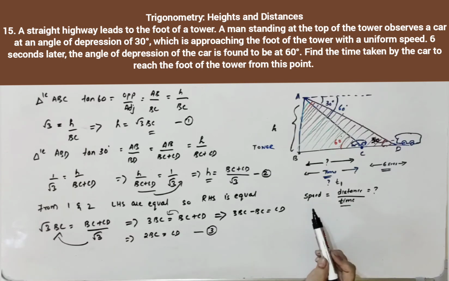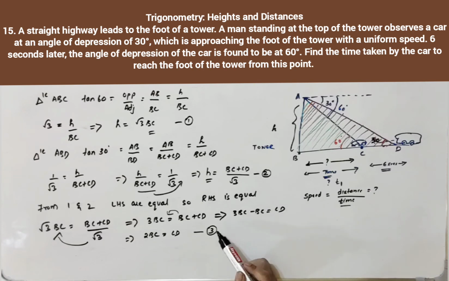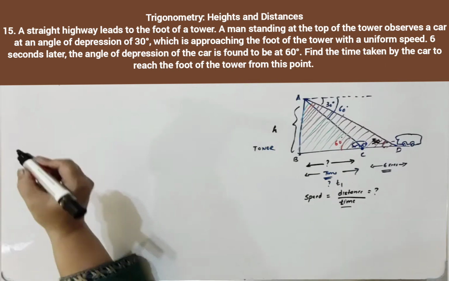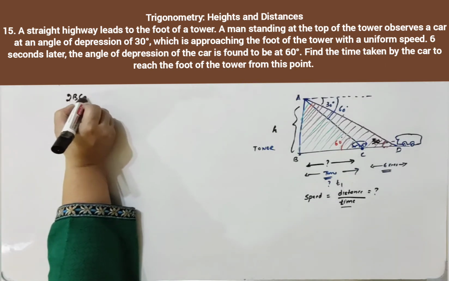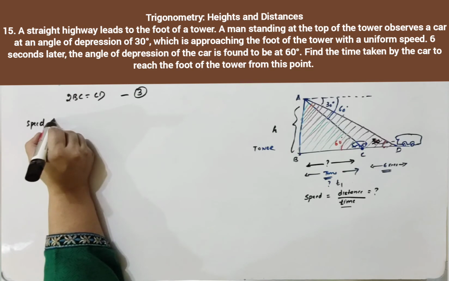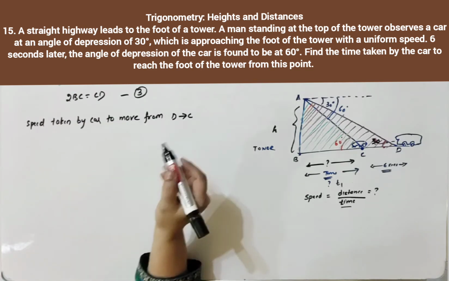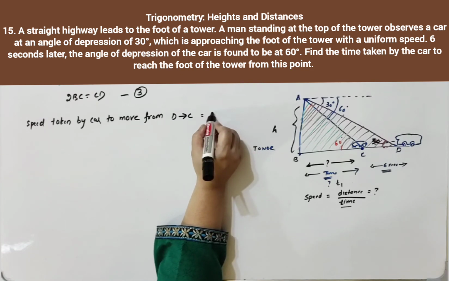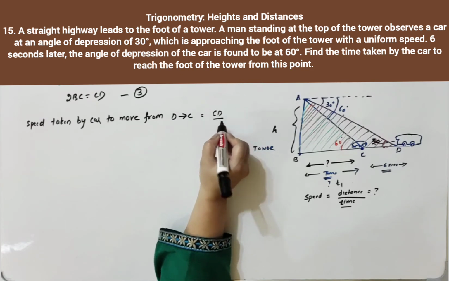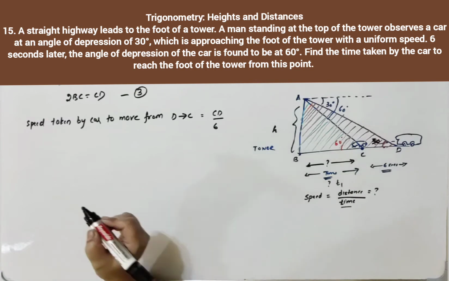Now we will have to use the speed distance time formula, and using these expressions and these values, arrive at the time. So we got 2 BC is equal to CD. Speed taken by the car to move from D to C is distance by time. What is the distance here? CD. Time is given as 6 seconds.